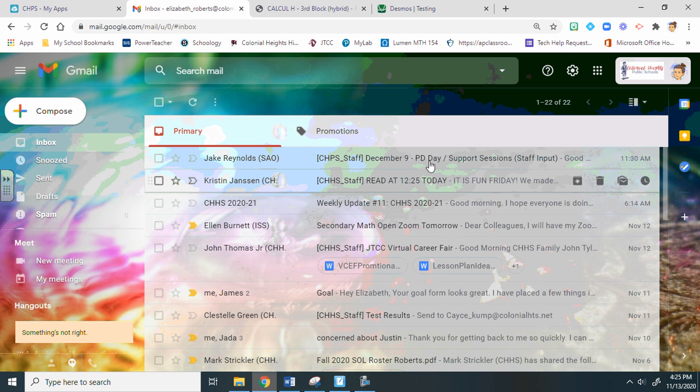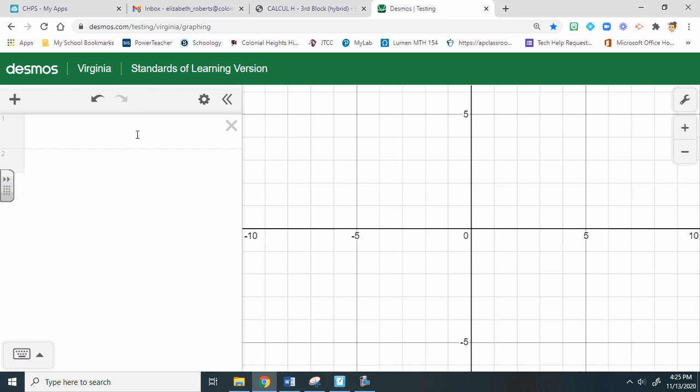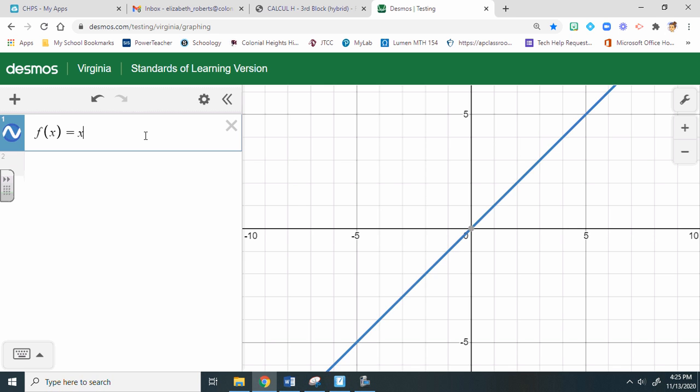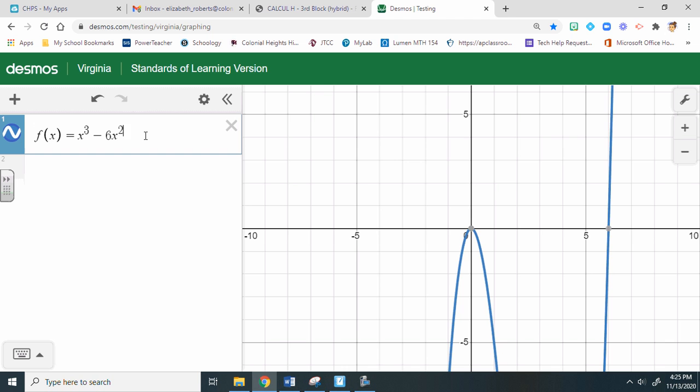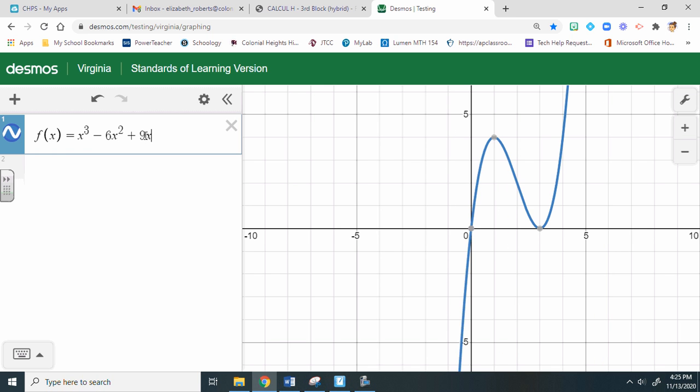Okay, so I'm going to open up Desmos, and I'm going to type in f of x equals, and remember you don't have to type in the f of x if you don't want to, x cubed minus 6x squared plus 9x. Okay, and remember in Desmos you want to get a couple pieces of information.